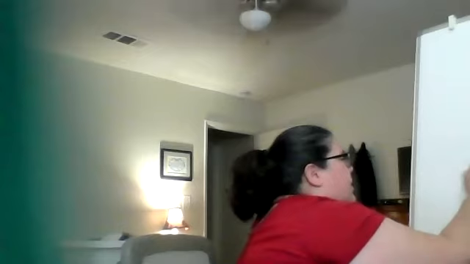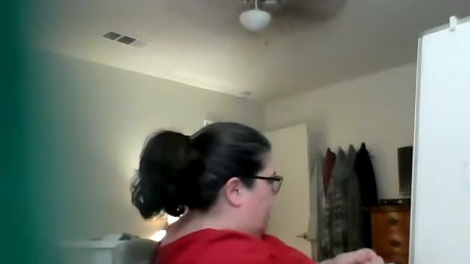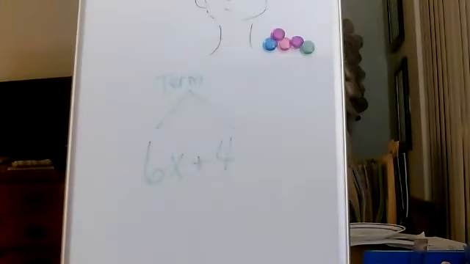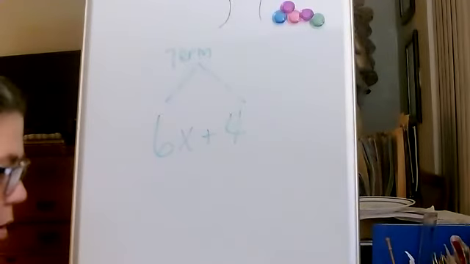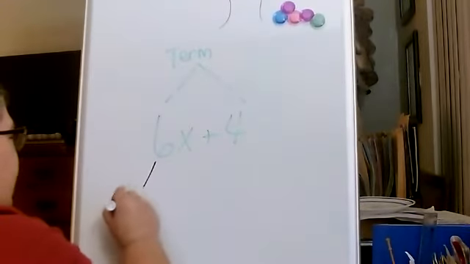We're going to say right here, in this 6x plus 4, first off, this right here is a term. The 6 is the coefficient.